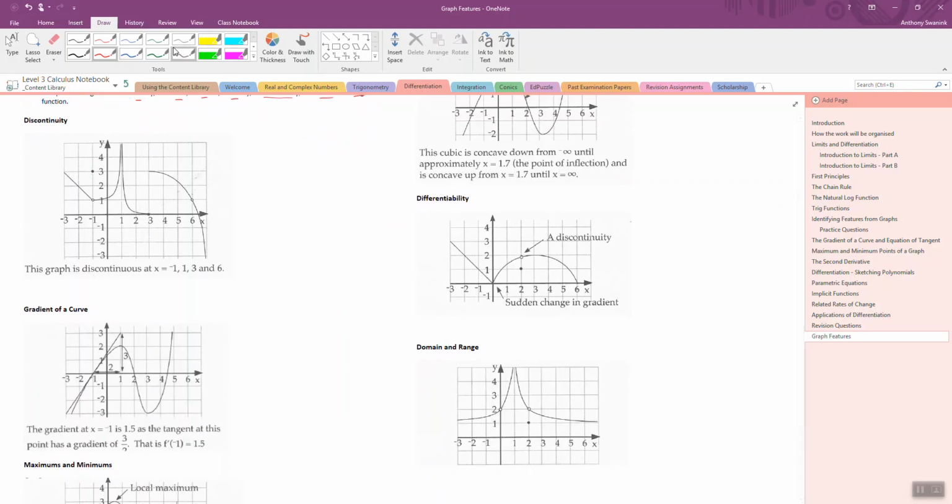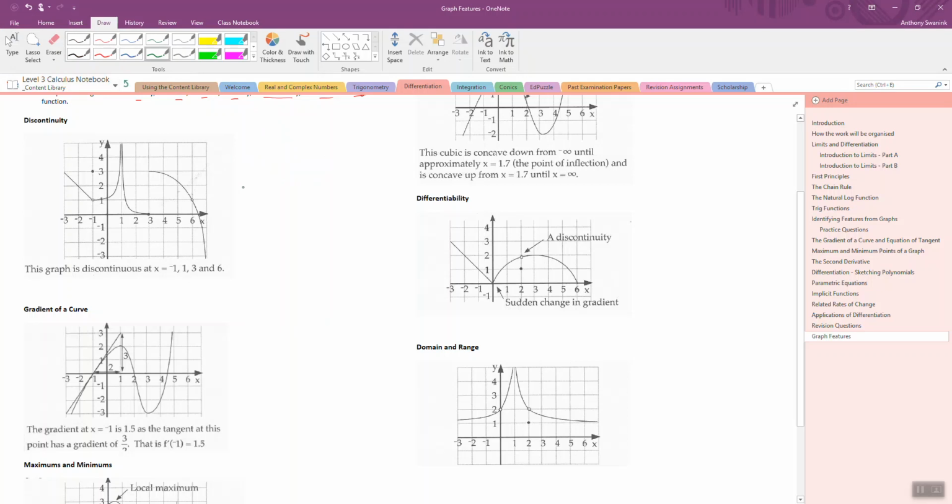Okay, let's have a look then first of all at this idea of discontinuity. The key idea here is that if you have a normal function, okay, that's a terrible graph, let me try and redo that.